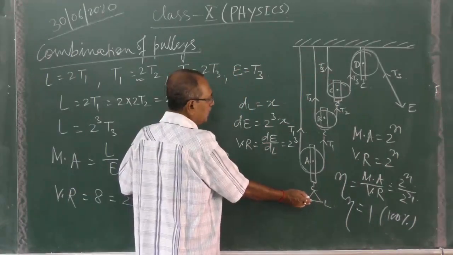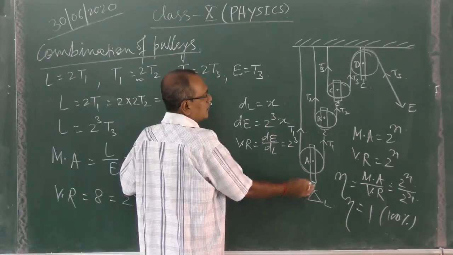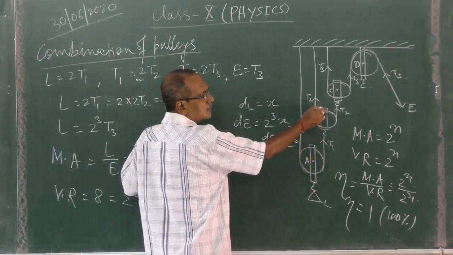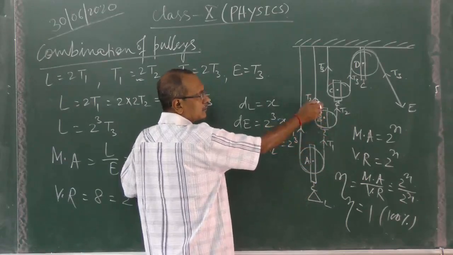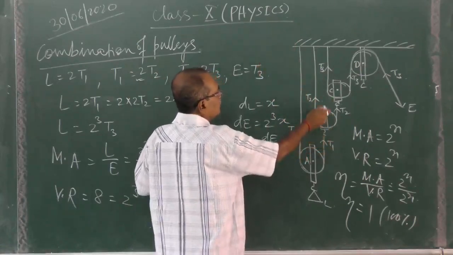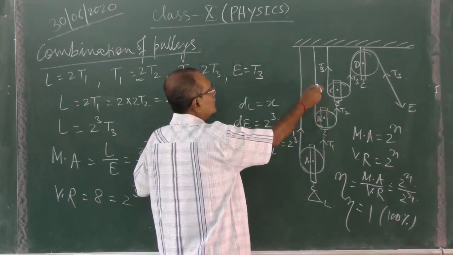That is, DL is moving, say, x. So therefore, T1 will be pulled by 2x. Okay. Here the B will be pulled by 2x. It will go 2x.